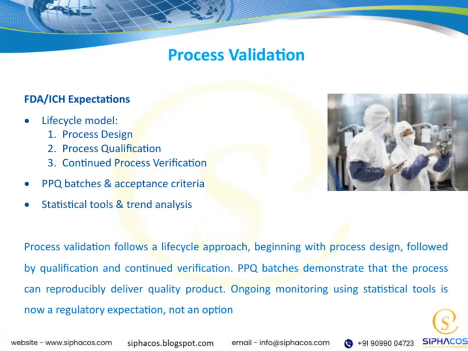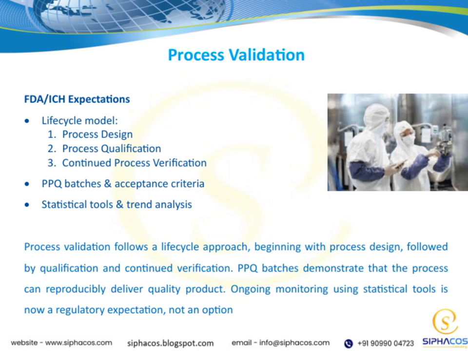Process validation is a critical part of ensuring product quality, and it's guided by FDA and ICH expectations. The key idea here is that process validation follows a lifecycle model, which means it's not a one-time event but an ongoing process. It starts with process design, where we develop and refine the process to meet quality standards.